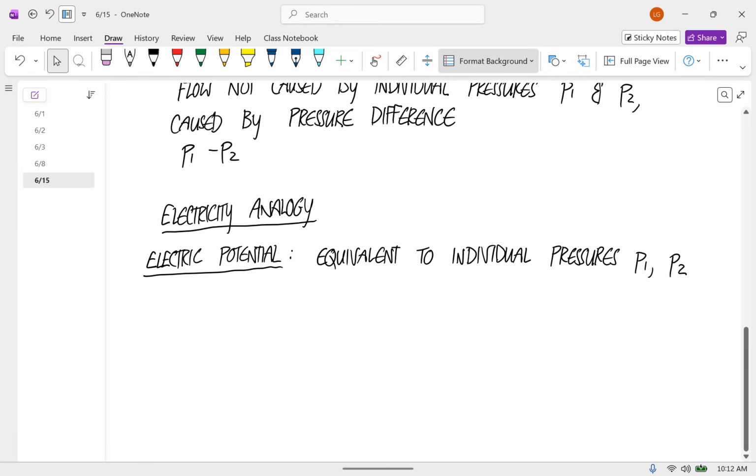We're going to do everything in standard international units, SI units. And so the SI units for electric potential are a common unit, volts. And we'll abbreviate it with a capital V.